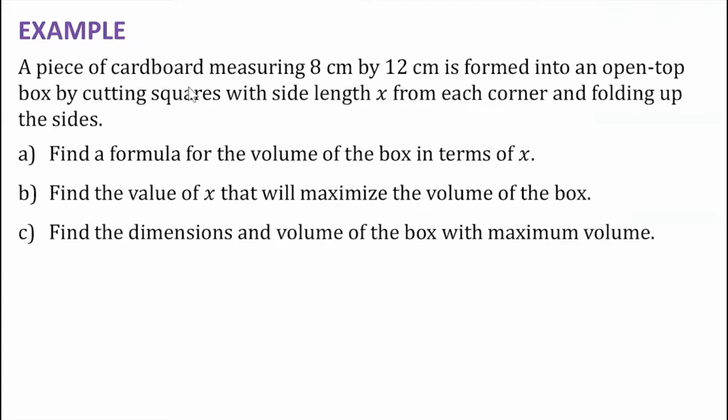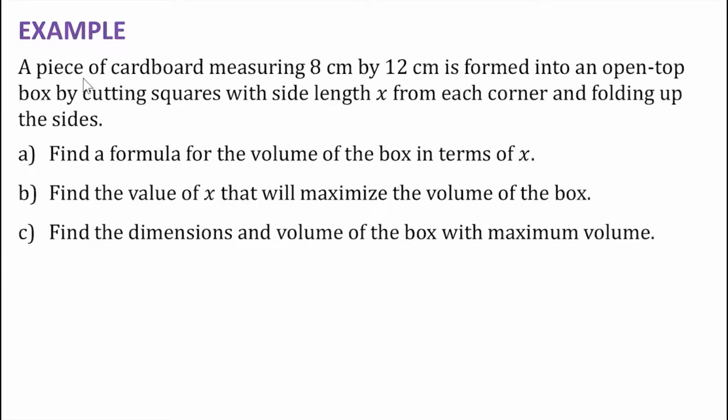Example: a piece of cardboard measuring 8 centimeter by 12 centimeter is formed into an open top box by cutting squares with side length x from each corner and folding up the sides. Okay, they are saying something there which looks interesting.